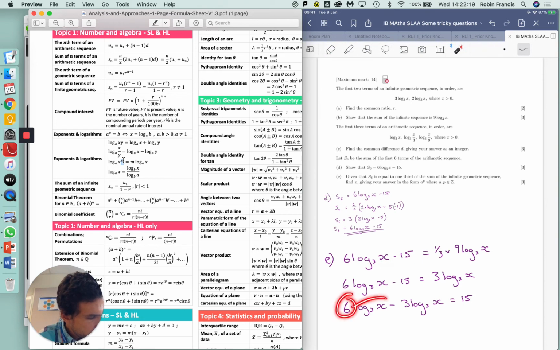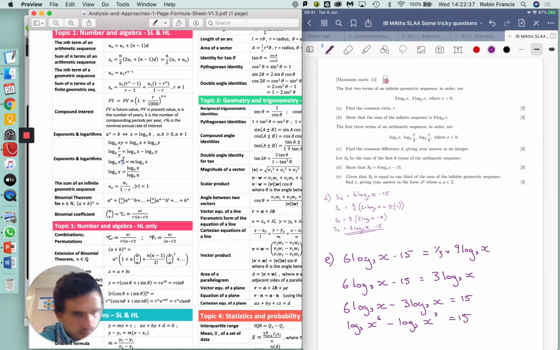This 6 is going to become x to the 6, this 3 is going to become an x to the 3. So log base 3 of x to the power of 6 minus log base 3 of x to the power of 3 equals 15.